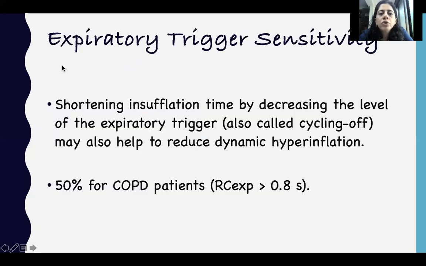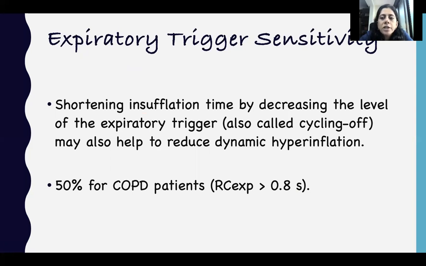Other important point is to set the expiratory trigger sensitivity. Expiratory trigger sensitivity is the trigger that we set for the ventilator to know when it has to cycle from inspiration to expiration. In a normal patient, we put an expiratory trigger sensitivity of almost 25%. That means when the inspiratory flow rate drops to 25% of the peak inspiratory flow rate is when the cycling happens or the expiratory valve opens.